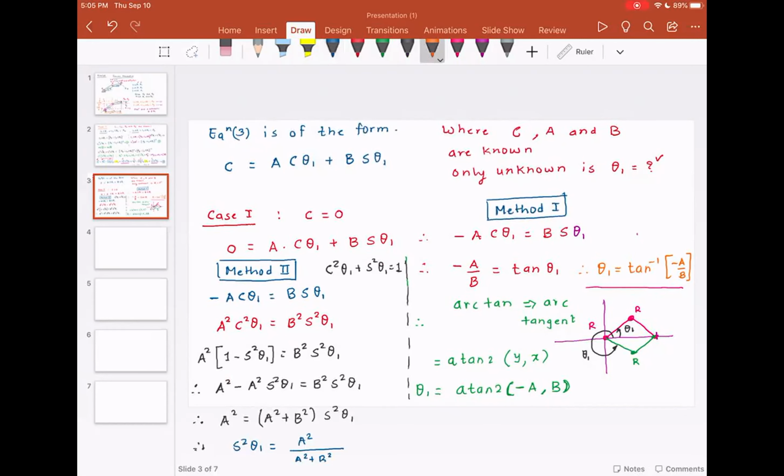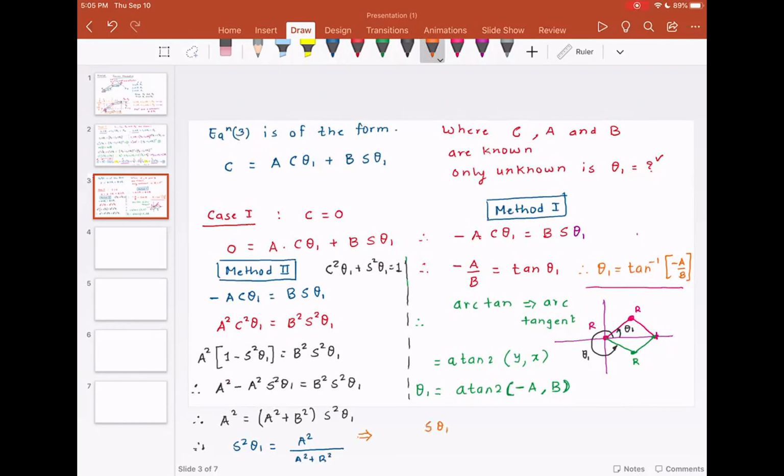Now, some of you may ask me, what does this mean? Even though it's not very clear at this point, I want you to notice that this is a quadratic equation, which means this equation has two solutions.